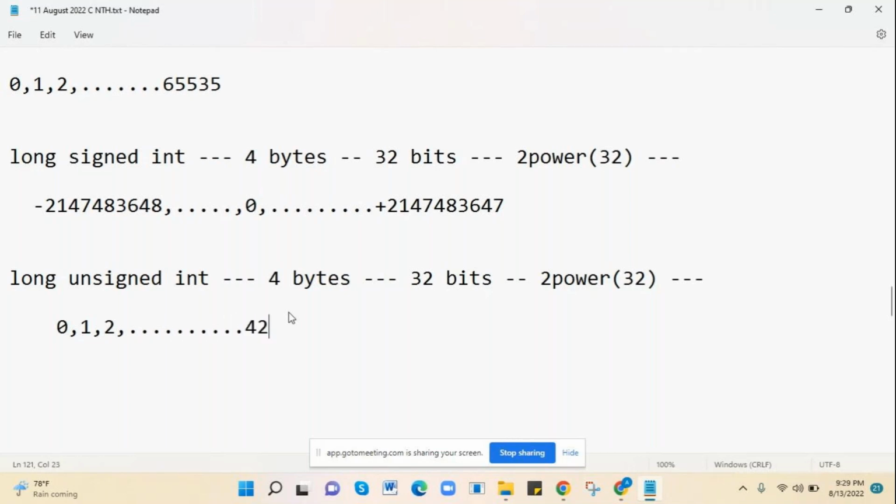The number is 4294967295. So it is nothing but 429 crores 49 lakhs 67,000.